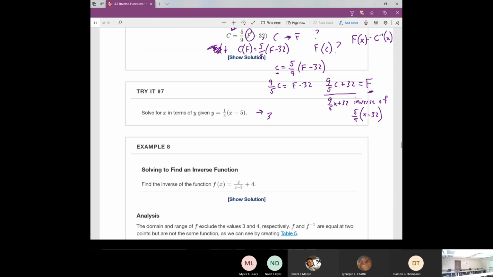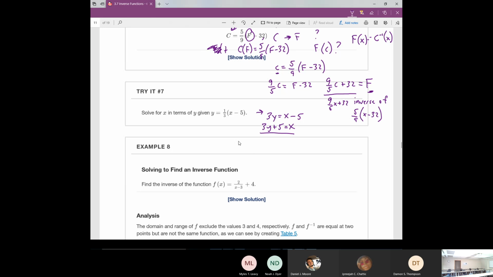I get 3y equals x minus 5. Multiplying by 3 turns the 1/3 into a 1. Now add 5: 3y plus 5 equals x. There is my solution for x in terms of y.